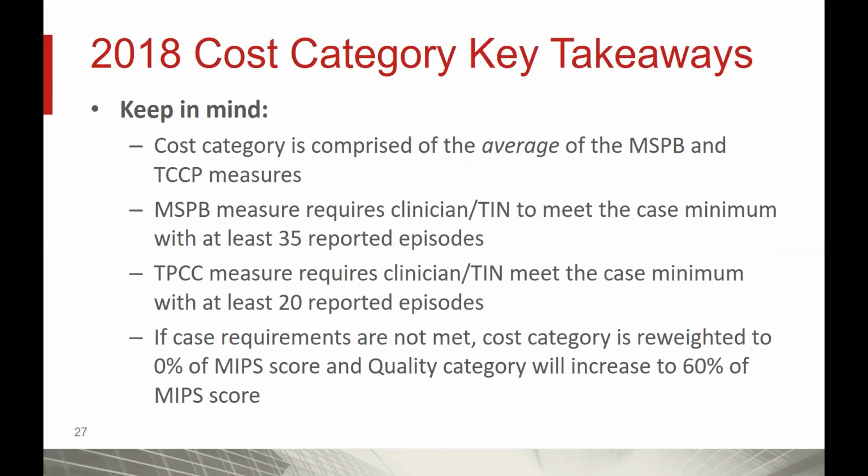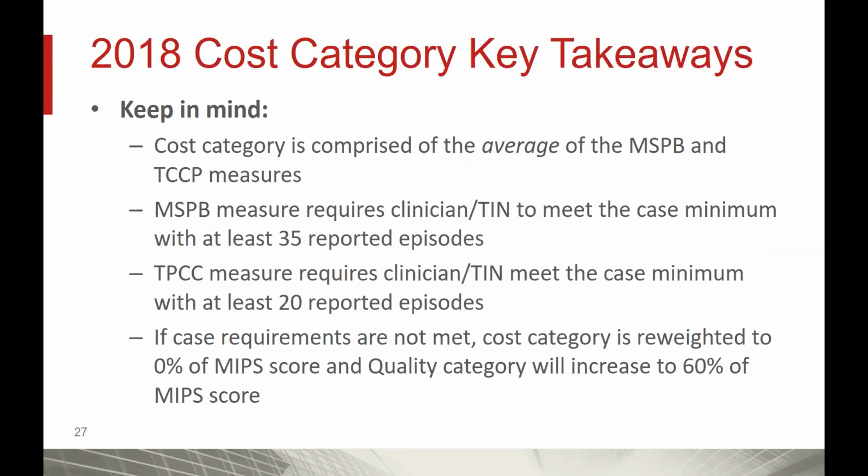The MSPB measure requires clinicians to meet the minimum case threshold, which is at least 35 reported episodes. And then remember, for TPCC, that measure requires you to meet the minimum case threshold of at least 20 reported episodes. So important to keep those minimums in mind to be scored.